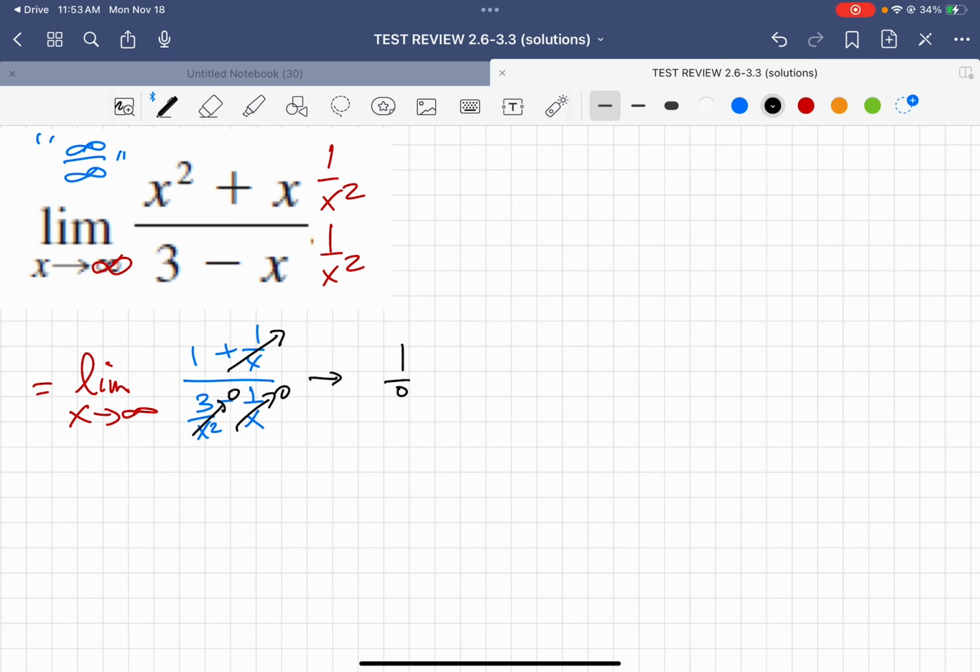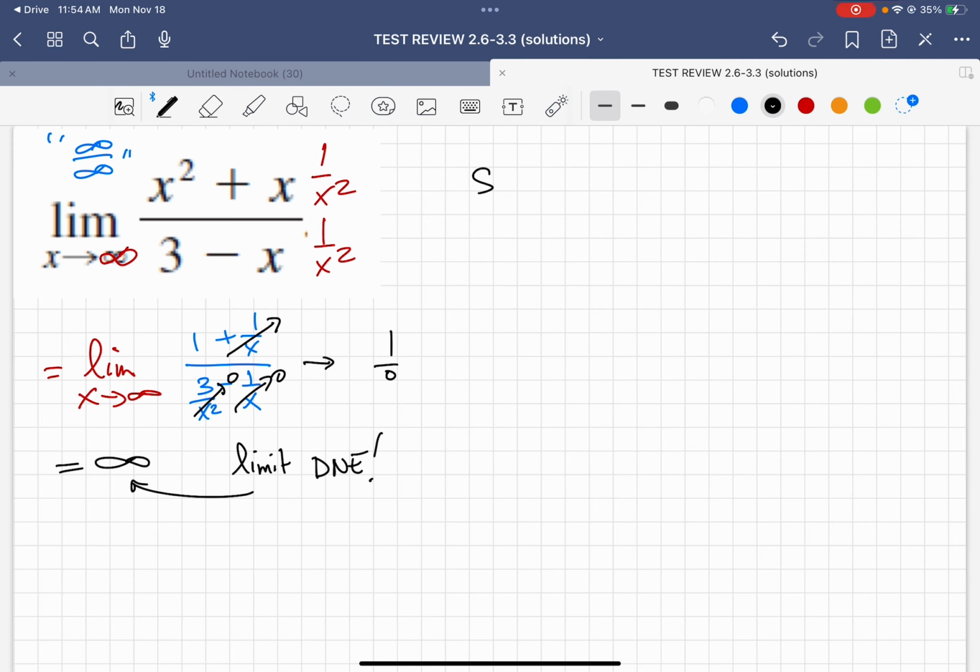So this thing is actually going to blow up to positive infinity. So this limit does not exist because it is infinite. You can either say it's infinite or does not exist, but you probably want to say it's infinite, so that's why it does not exist.